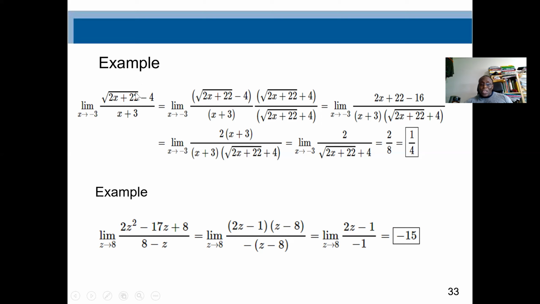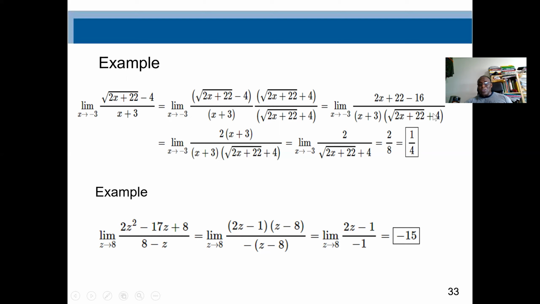Again, we have a square root, so I'm going to do what we saw in the previous example. I'm going to use the difference of 2 squares to remove the square root. So we multiply by 2s plus 22 plus 4, because this is minus 4, so we use plus 4, and we use the same down below. Then the square root will be gone, and minus 4 squared gives me 16.